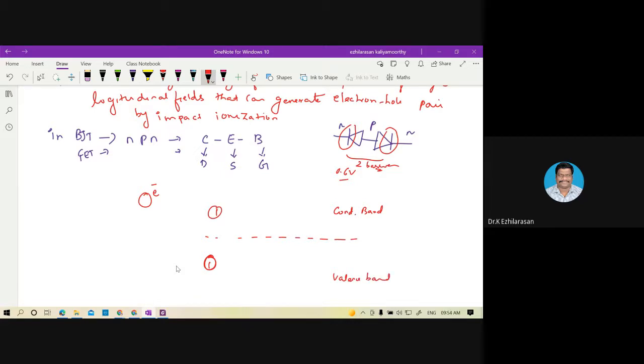Now what will happen? This electron has very high kinetic energy.